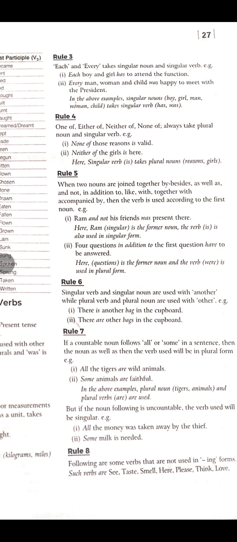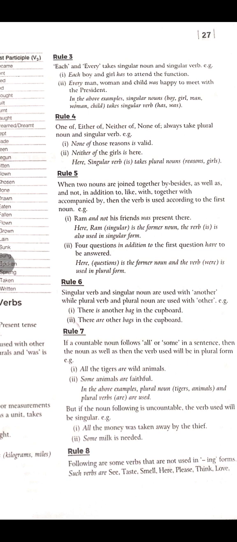So, there are other bags in the cupboard. Here we are using "are" and we are using "bags". Okay. So rule 7: if a countable noun follows "all" or "some" in a sentence, then the noun as well as the verb used will be in plural form. So, all the tigers are, some animals are.